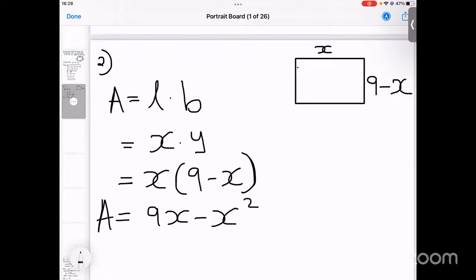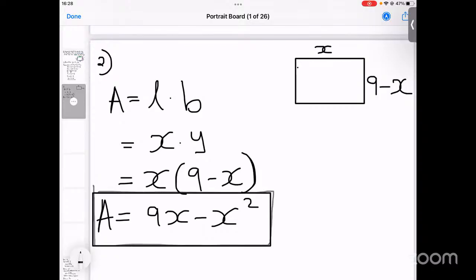This being the area of that rectangular shape, honorable member. This is the formula for calculating the area of that rectangular shape.